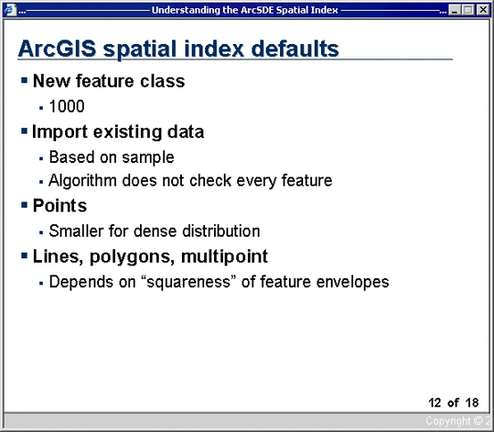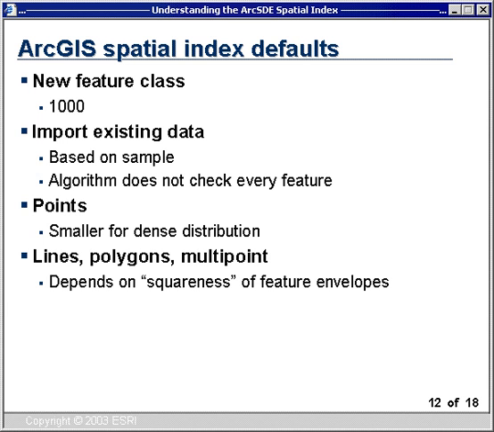When we get to lines, polygons, and multi-point features, it takes a look at the feature envelopes and determines the squareness of those feature envelopes. So it'll come up with a different algorithm if your features are long and thin rather than if the envelopes are more square. Now, again, depending on the sample that it chose, that's what it'll use to pick a spatial index value for you.